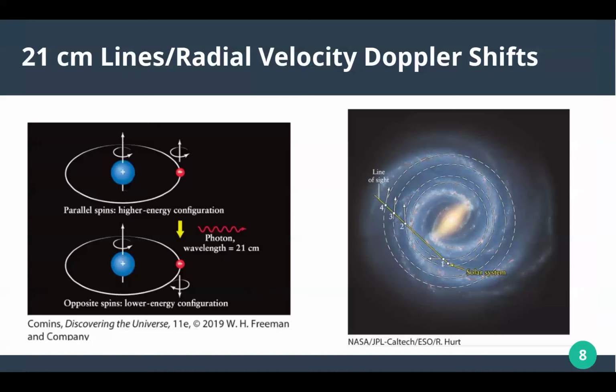And by using the redshift or the blueshift, we are able to tell how fast a star or an object that we are looking at is moving around the Milky Way, and from there we are able to calculate how far away it is from us and its position along the Milky Way.